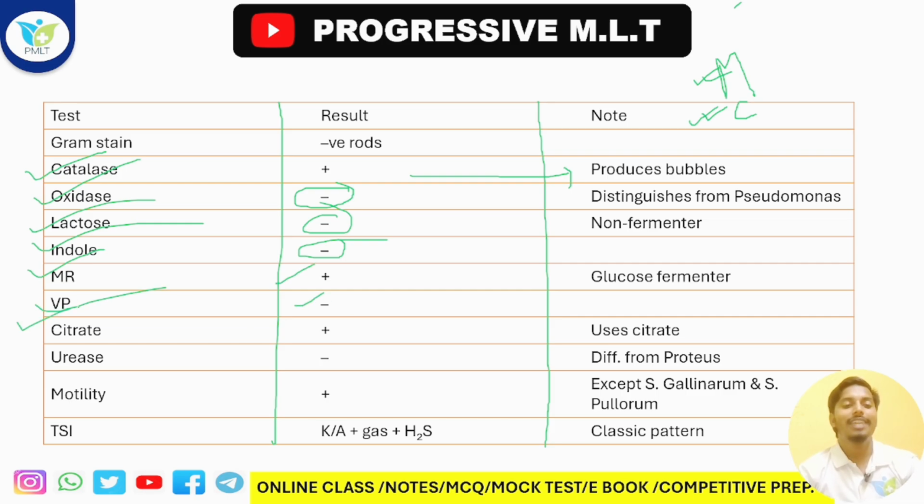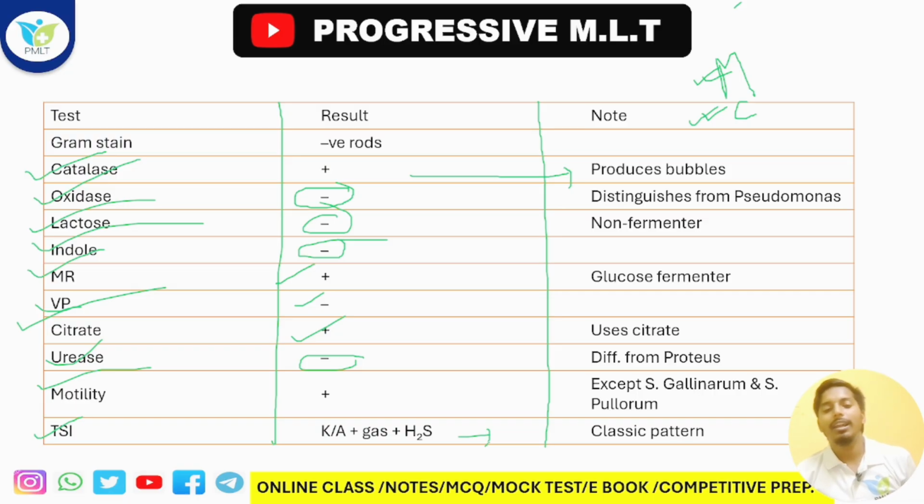Okay, citrate is positive, urease completely negative. Got it? Motility, I have already told you that they are motile. Okay, they are motile. TSI, triple sugar iron, is positive.